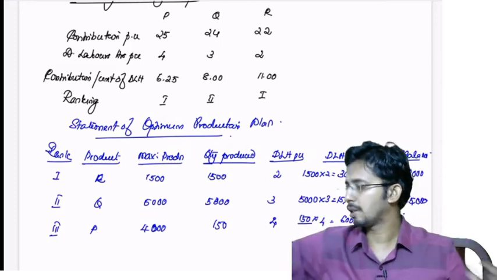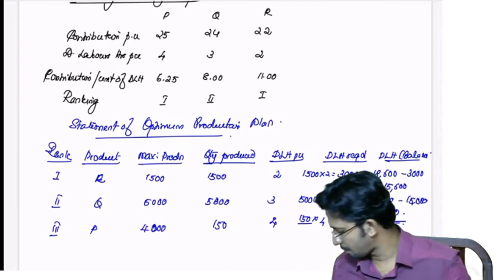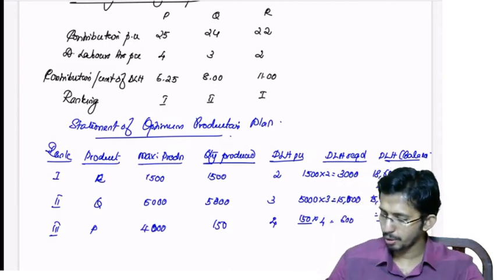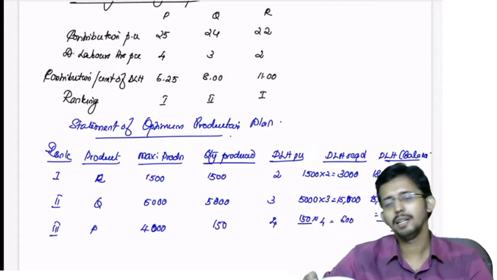Now one more sub question is that you need to find out what is the maximum profit for this optimum production plan. Okay, I told you the optimum production plan should be the production plan which yields you the highest profit.